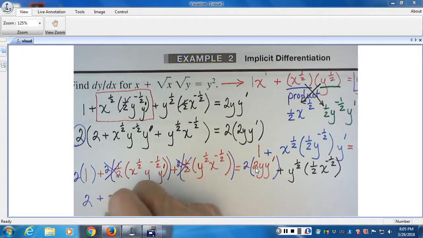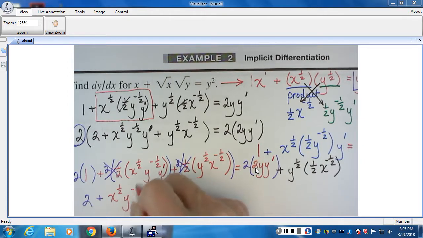So in the original one, I just flipped the coefficient 1/2 and the x to the 1/2 and y to the 1/2 around, because remember, you're multiplying, and the order of the things you're multiplying together doesn't matter. And the only reason I'm doing this, you could actually do it without what I'm showing you, is because that 1/2 tends to get you distracted when you're trying to do the rest of the problem. So one of the things I like to do is clear the fractions if I can.